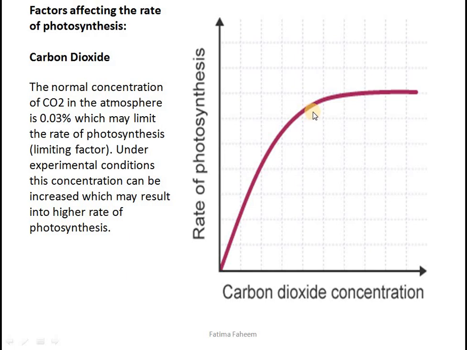or humans or animals. For plants, carbon dioxide is a reactant and is used in photosynthesis. So as you increase the carbon dioxide concentration, the rate of photosynthesis may increase, but after one point you are unable to increase carbon dioxide concentration in the atmosphere because it is normally 0.03%.